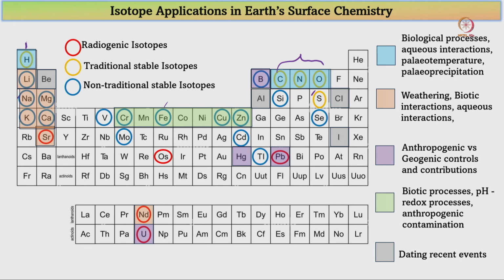So such kind of legacy activities. When we talk about our interventions and their impact on natural cycles, often some particular elements are used to understand these impacts, and we are particularly targeting how to separate out the anthropogenic impact versus the natural geogenic controls.